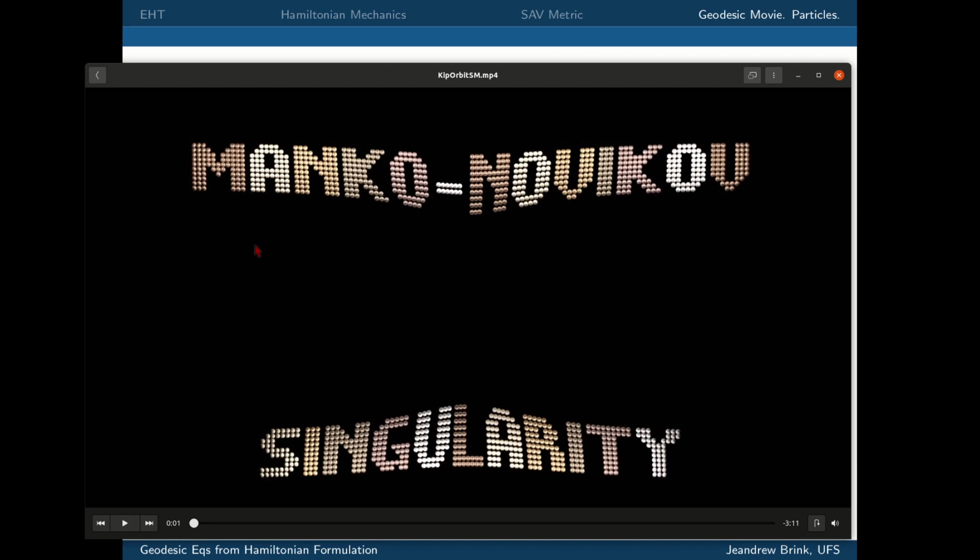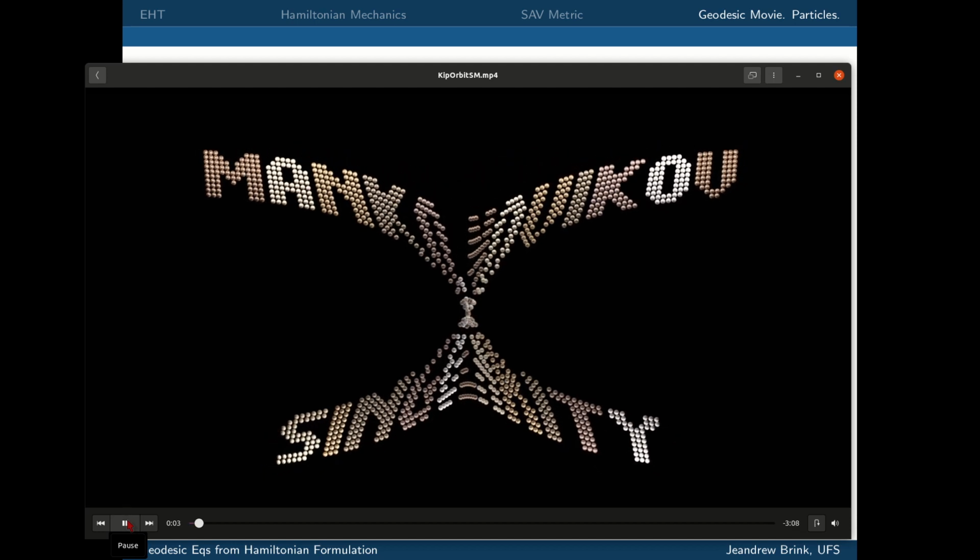I've taken a number of particles and put them in stationary. In other words, I gave them no initial momentum in any spatial direction. The center of the Manko-Novikov black hole sits over here, and I've simply let them evolve or fall freely from rest into the black hole. So we can at least see it's an attracting black hole for the most part as it falls in. So here they go.